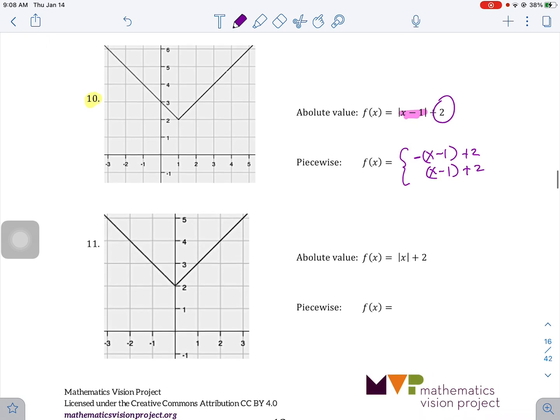So you really have the negative and the positive 1 slopes, up 1 over 1. And this one goes down 1 over 1. And then you can see that it's right here at x equals 1 where it changes. So the first part is, we're going to say less than 1. The second part is going to be greater than or equal to 1.